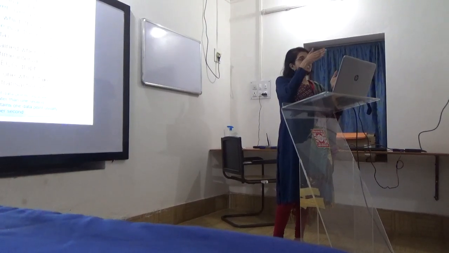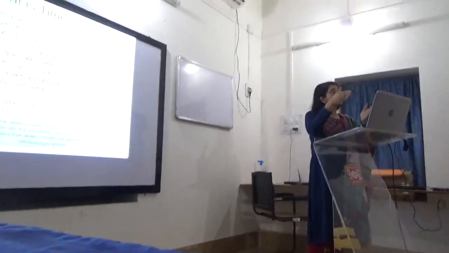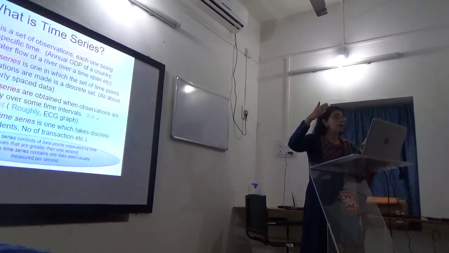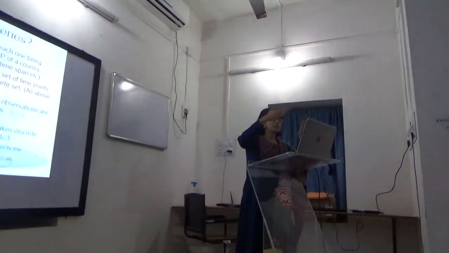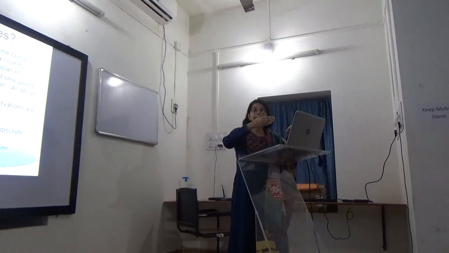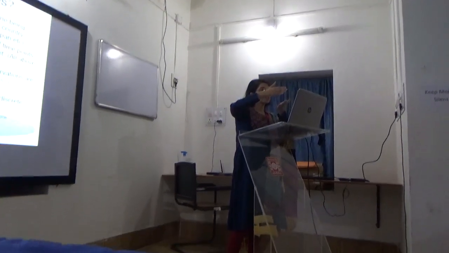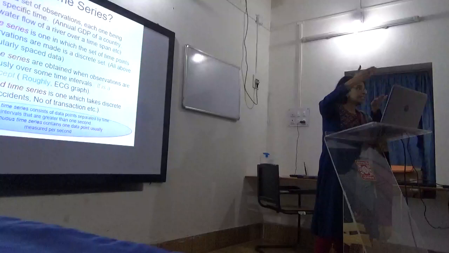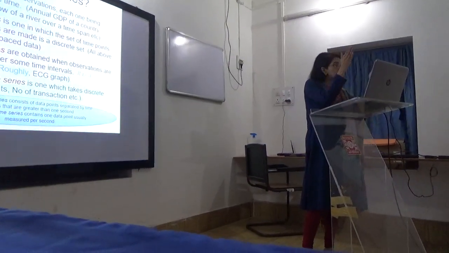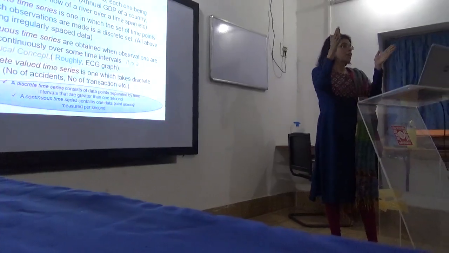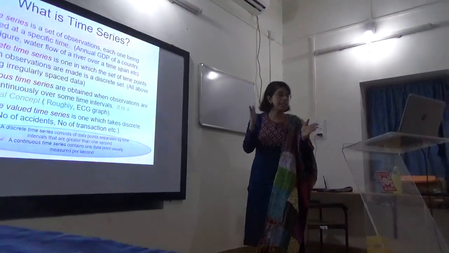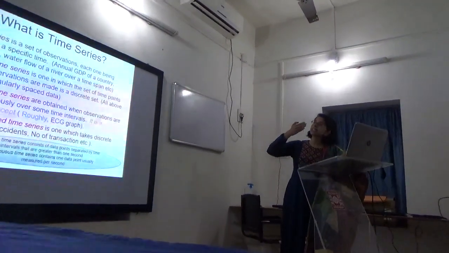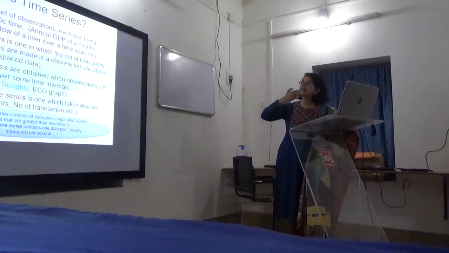If your sequence is 1950, 1952, 1954, that should be the next number. But suppose in your hand 1953 is there, then you will have 1953 and 1955, and you will have to make an interpolation at 1954. Otherwise, that uniformity will not be valid, meaning it will be deflected. So a discrete time series is like that: 1950, 1951, like that.